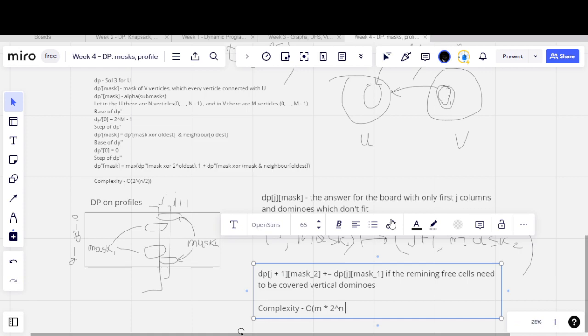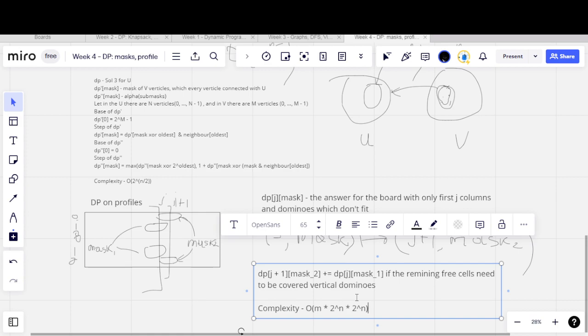So m multiplied by 2 to the power of n, multiplied by 2 to the power of n.